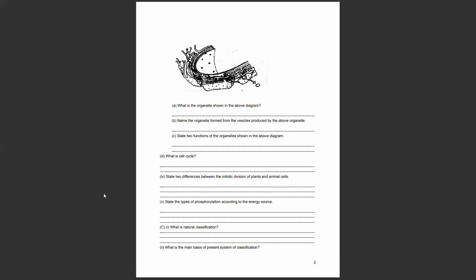Then part C, Roman number 1. What is natural classification? This question is from the 3rd chapter. Under classification, you learn about 2 methods, artificial and natural classification. Before that, what is classification? Classification means the arrangement of organisms into groups on the basis of their common characteristics.